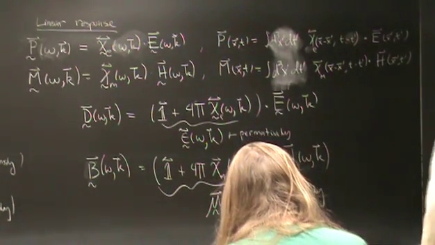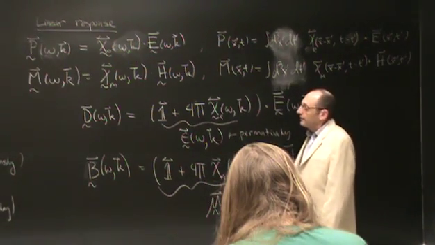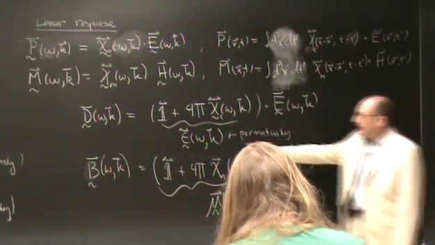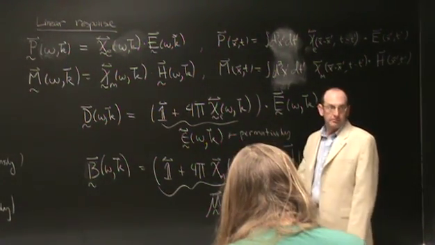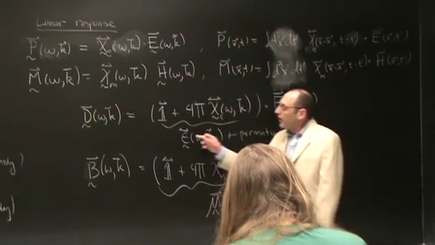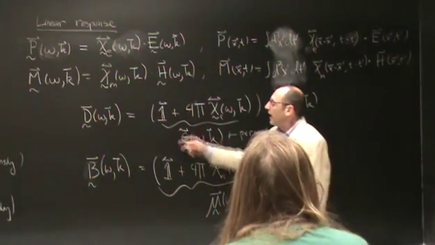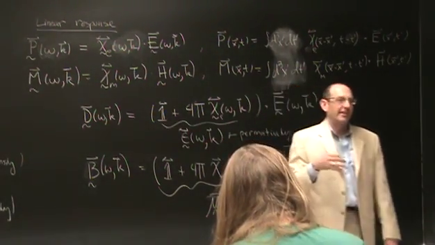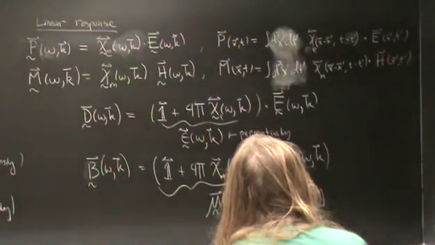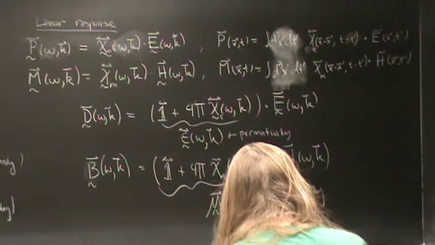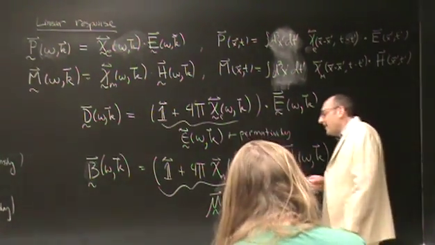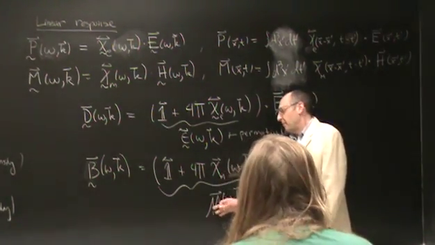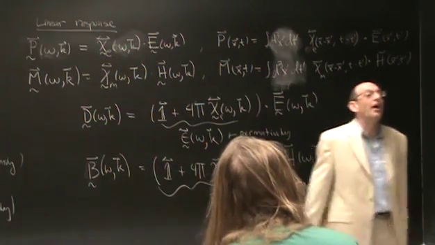Now, in many materials, if we're somewhat isotropic, then the k dependence is negligible. And quite often, if we have some kind of amorphous material, then the tensor nature is negligible also. Furthermore, depending on the nature of the material and the frequency, quite often the permeability is darn close to 1.